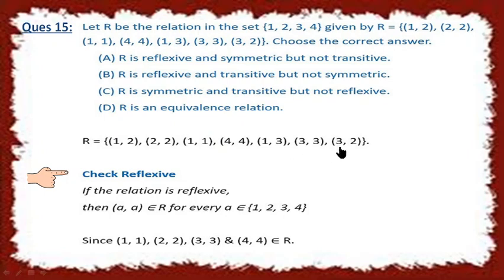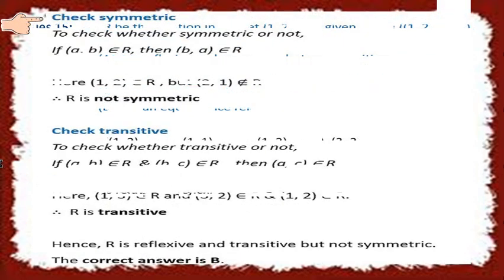Then (3, 2) is there and (1, 2), yes, (1, 2) is also there. So this relation is transitive. That way you can also check each and every pair. So the relation is reflexive, transitive but not symmetric. So do we have any option? R is reflexive, transitive but not symmetric. B is the right option.